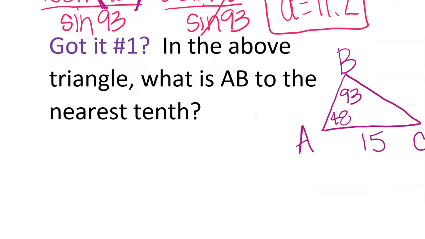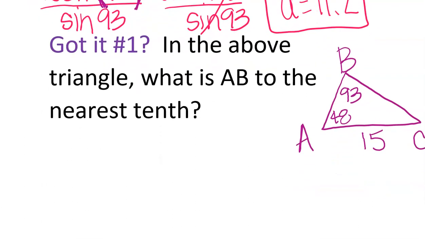They want to know what AB is. So that's the side over here. It is opposite my angle C, so I'm going to call it C. I went back to the initial numbers that were given. So my angle side pair is 93 and 15.